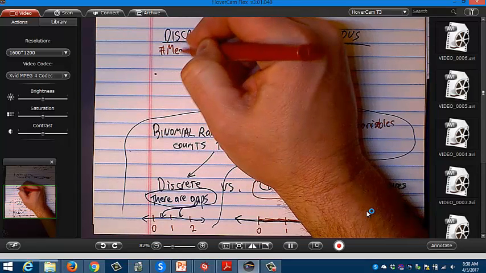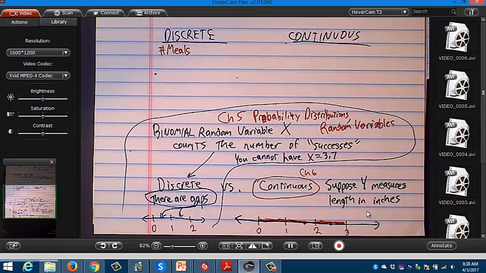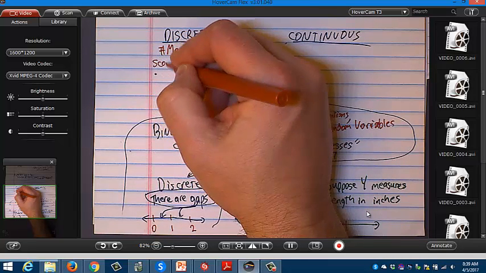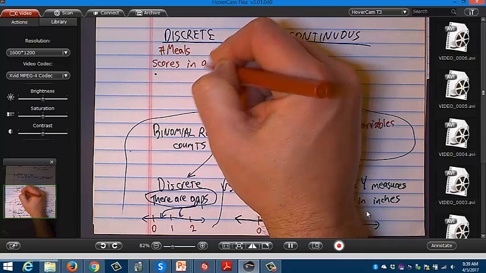I go to the church, I volunteer, I'm going to serve 34 meals at this retreat. It's not going to be 33.36. We don't do that, right? We just count numbers. What'd you say, Martha? Score of a game. The Indians won last night 4-3, right? I like that. So scores in games.